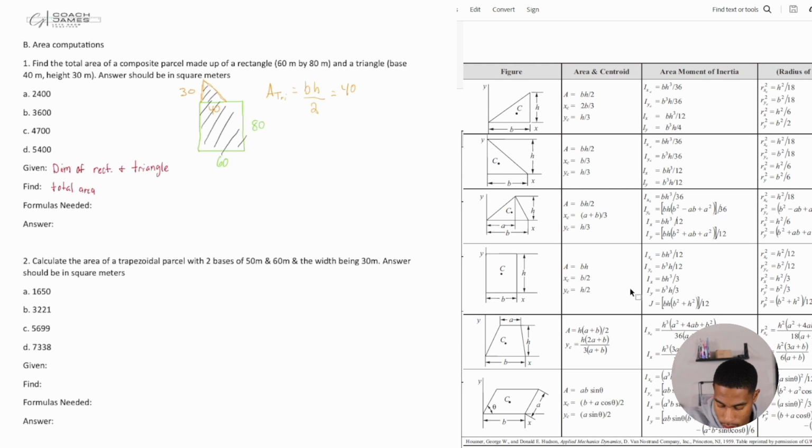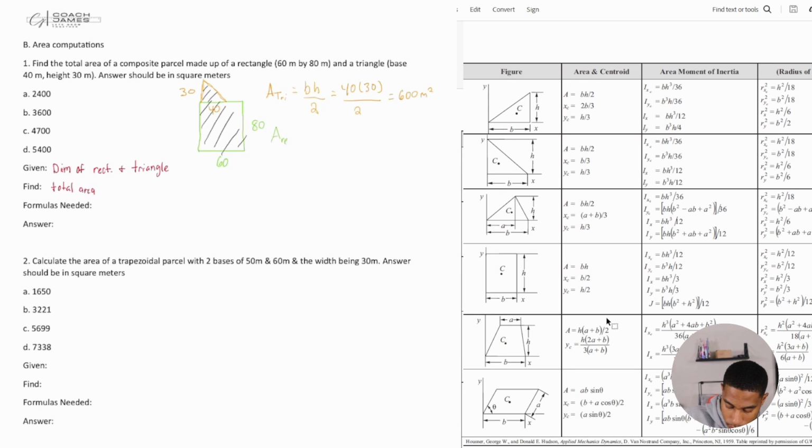What's our height? 30. Divide that by 2. And we get what? I get 600 meters squared.